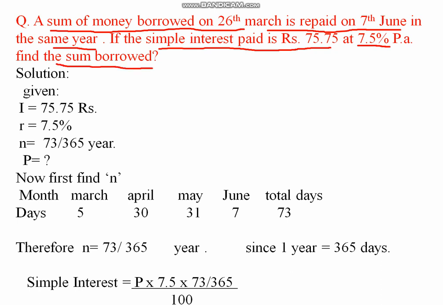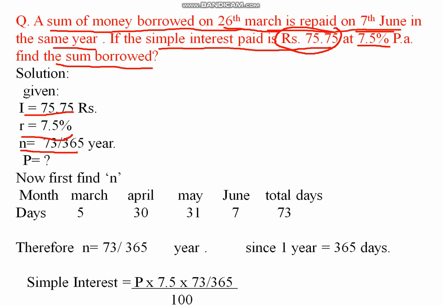Here we have to find the P value, that is the principal value, and interest is given, simple interest, rupees 75.75. The period is from 26th March to 7th June. So I is equal to 75.75 rupees, R is equal to 7.5%, and N is equal to 73 days from 26th March to 7th June.